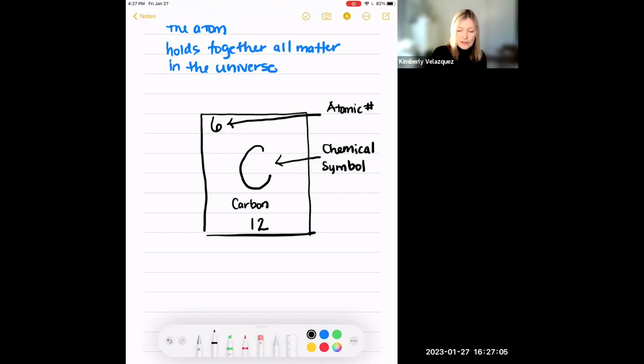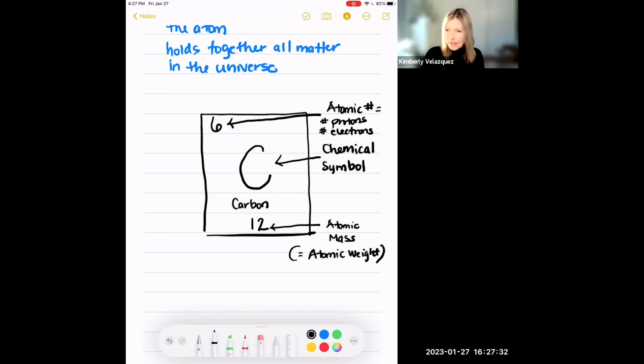And remember that atomic number is the number of protons, and it's also the number of electrons that orbit outside the nucleus of that atom. And then this number here is called the atomic mass. And on Earth, that is equal to the atomic weight. In other words, that is how much one atom of carbon weighs, 12.